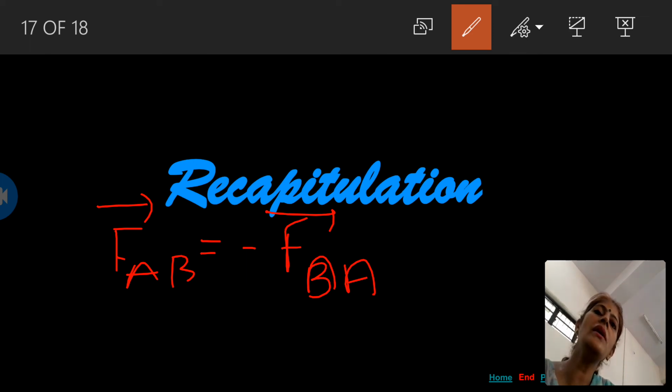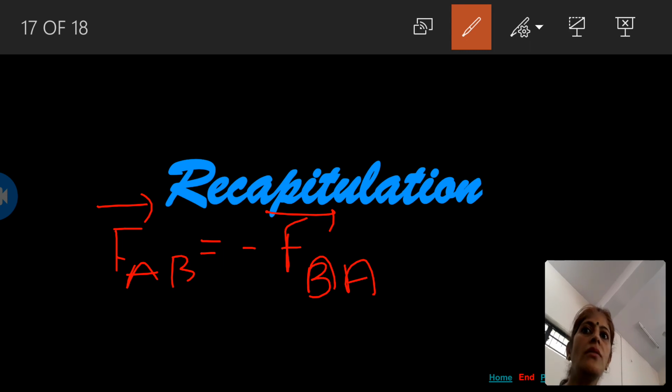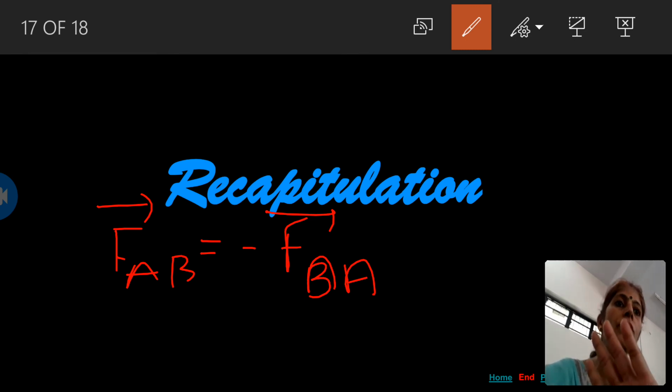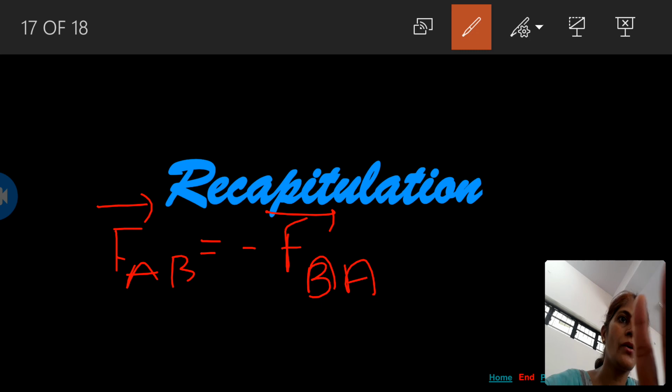Right? Now, there are various examples which illustrate the applications of Newton's third law of motion, and there are some important points which are to be noted with respect to Newton's third law of motion. That is, the forces of action and reaction cannot cancel each other because they act on two different bodies. No action can occur in the absence of reaction, right?